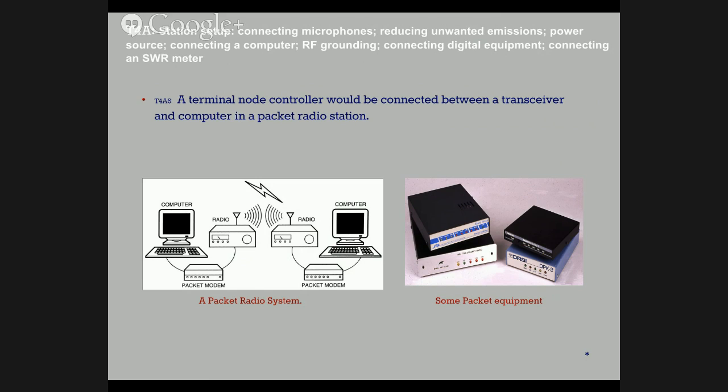Some of these TNCs could run simple bulletin board systems or messaging systems. They could run autonomously without a console attached. And that would be connected between a computer and the radio transceiver.